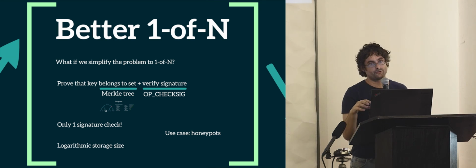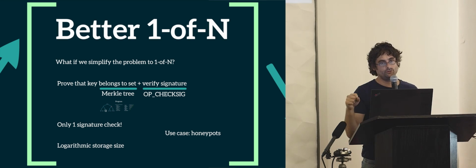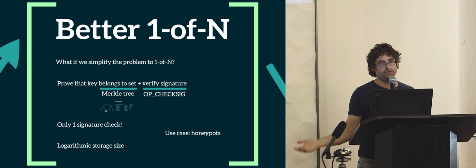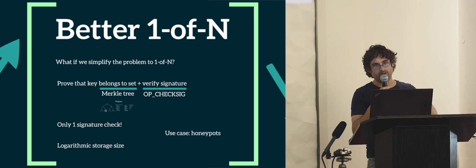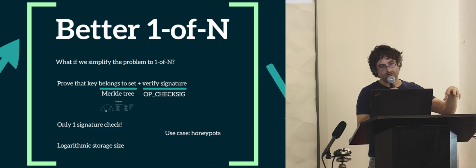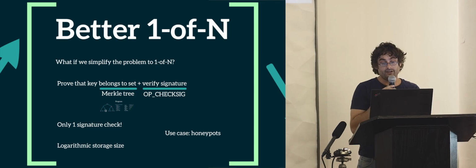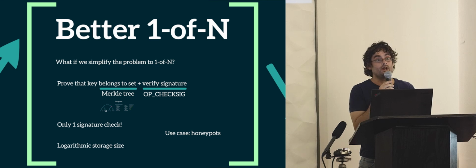Then publish a signature with that public key, and all you need to do is verify that the Merkle branch results in a hash that is equal to the root, and that the signature checks out with this public key. So we've combined checking that the public key is a member of a set with actually doing a signature check with it.